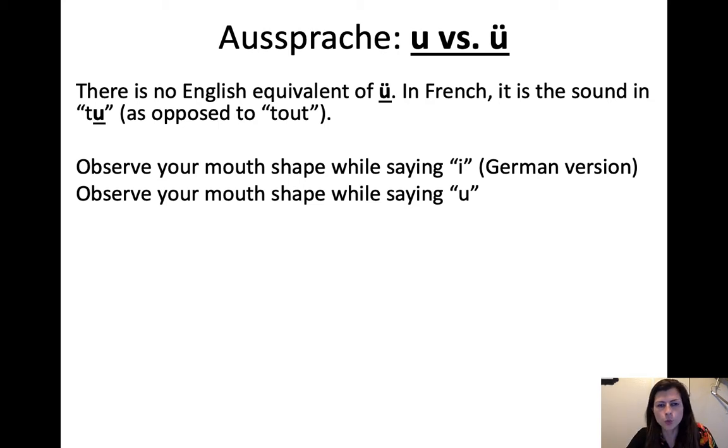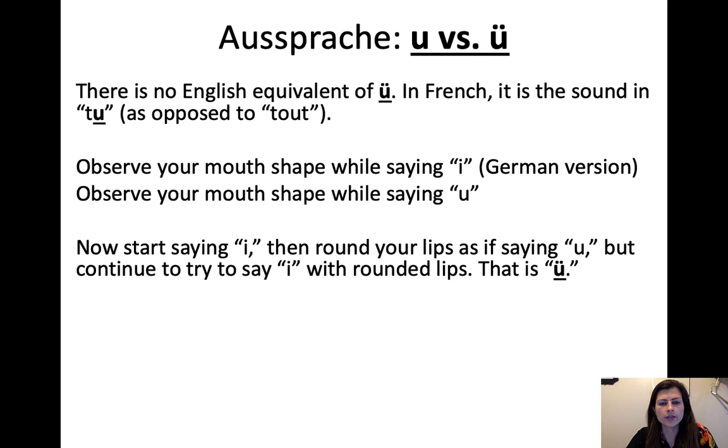Now, when we want to make the Ü sound, it's sort of a combination of these two sounds. So you start saying E, and then round your lips as if you're going to say ooh, but in your head, try to continue to say E while you're rounding your lips. That will give us the Ü.